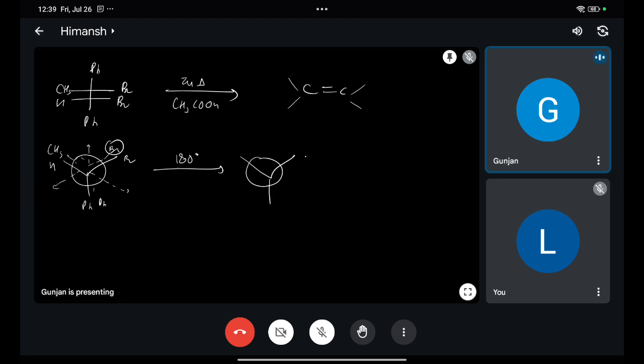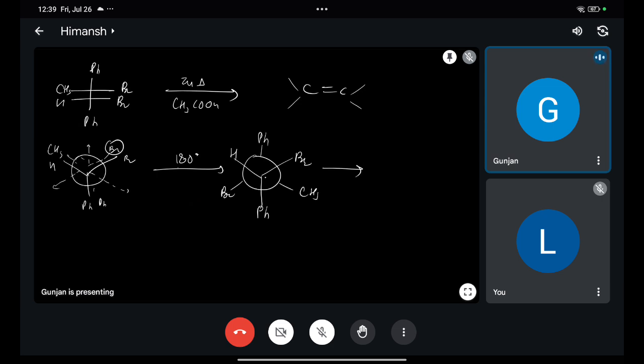When we are doing this 180 degree rotation, here H, over here Br, over here H, CH3, no, it's pH over here, pH, and CH3 will move over here.